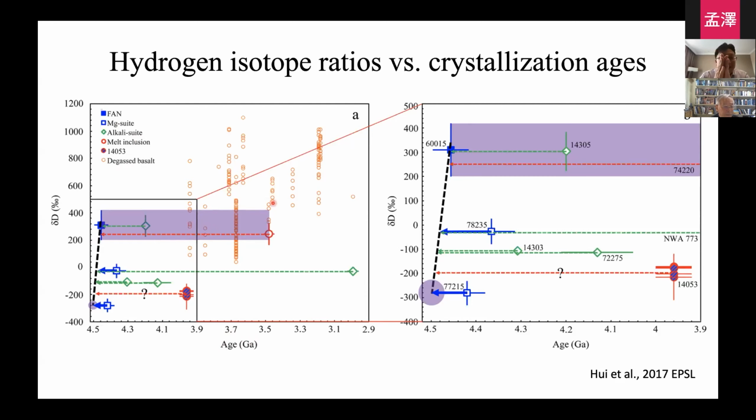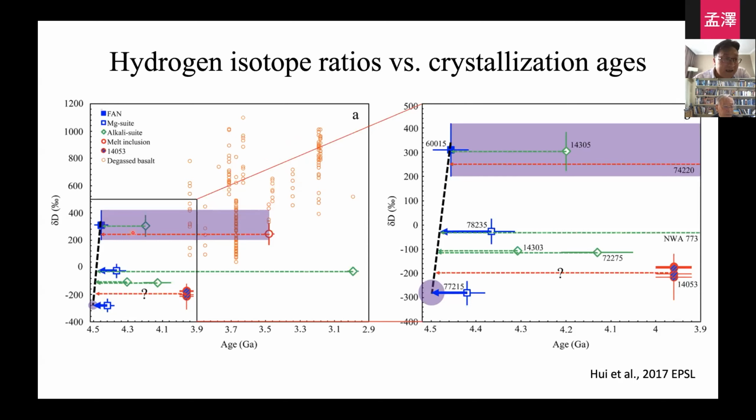As we can see, because of degassing, the hydrogen isotope ratios can increase in these basalts. That means the hydrogen isotope data in these degassed basalts do not represent their parent magma isotope compositions, or the isotope compositions of their source regions.